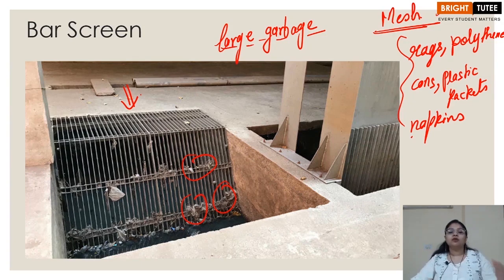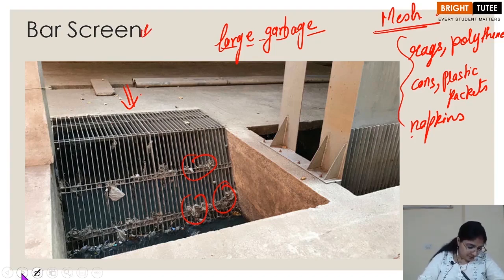That's the reason why we also say that whenever we are throwing things, we should be very careful, because we do not want to increase the wastewater, right? This is something which we are going to study further. As of now, it is important for us to understand that the large garbage pieces are removed in this first step. And how does it get removed? With the help of the bar screen, right?